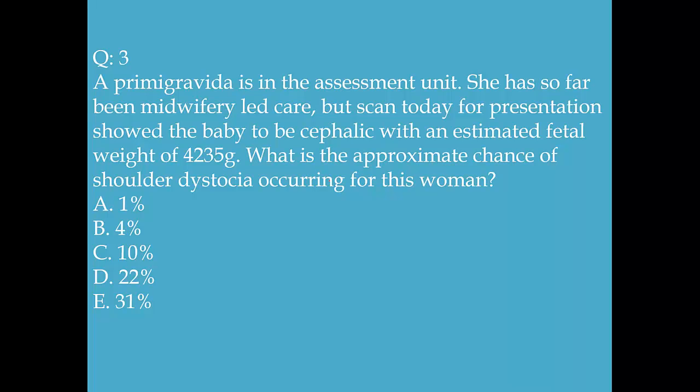What is the approximate chance of shoulder dystocia occurring for this woman? It's about 10%.